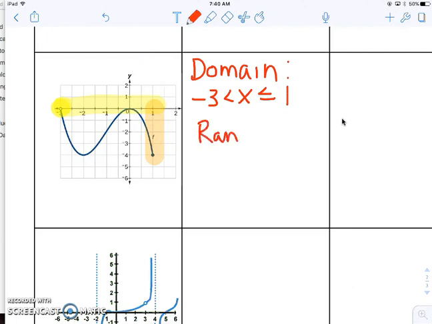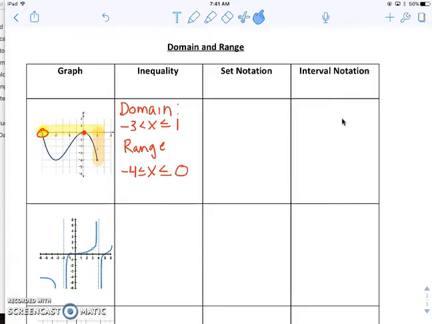So our range, we'd have -4 is less than or equal to y, not x, excuse me, y is less than or equal to 0. I have that equal sign because it hits the 0 right there, even though it doesn't over here. So you guys have done that inequality. What we're going to talk about today is a couple different notations. So set notation.